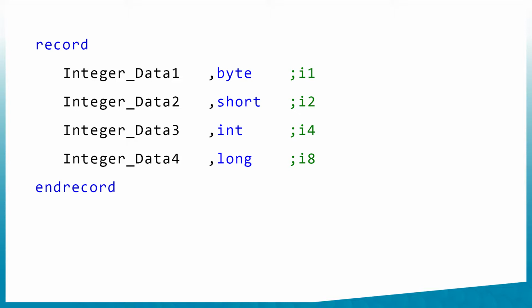Although the keywords refer to something different in Synergy.net, and therefore you can't use them interchangeably. You can use the Synergy integer types I1, I2, I4, and I8 in both traditional Synergy and Synergy.net.